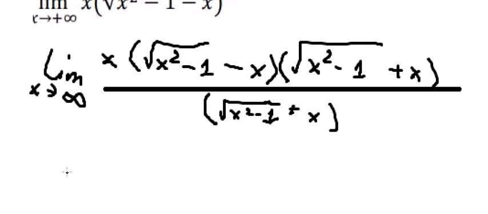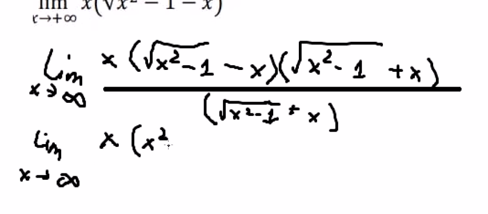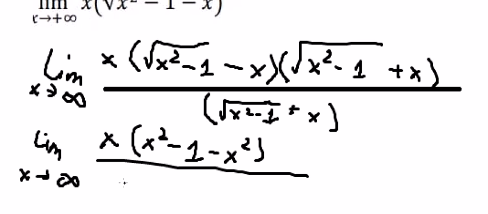So on the numerator, you get x squared minus 1 minus x squared over this one. The x squared minus x squared cancel, and then you get negative 1.